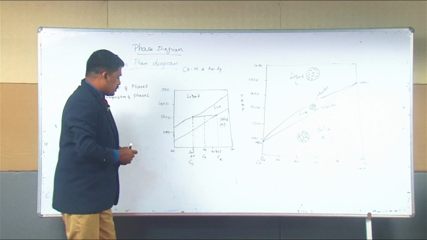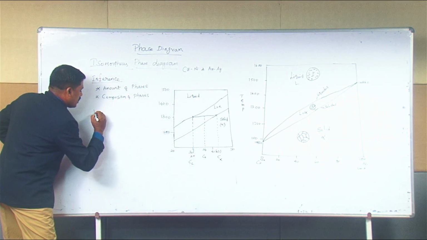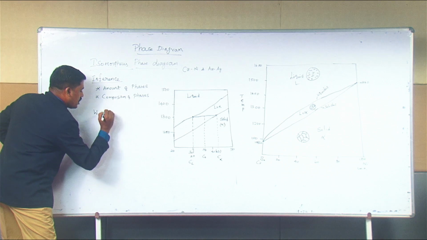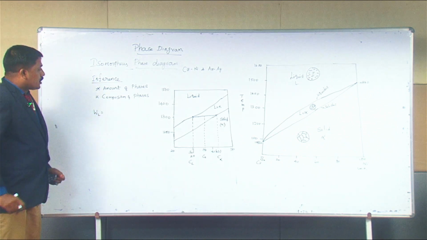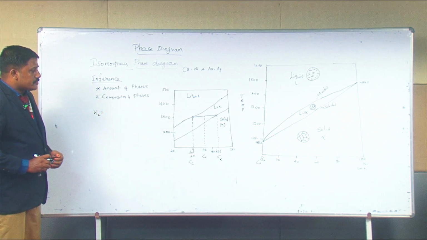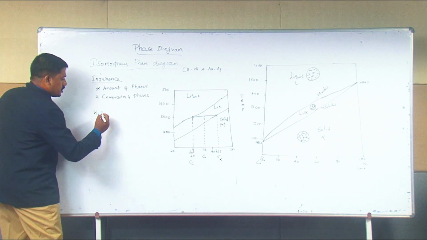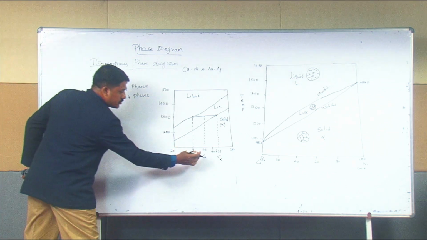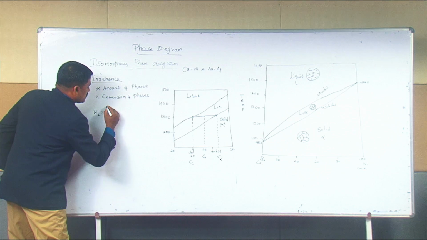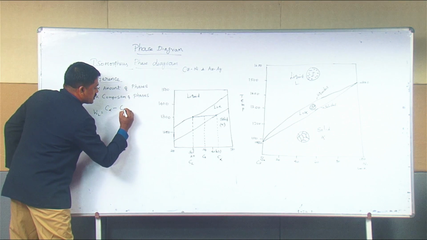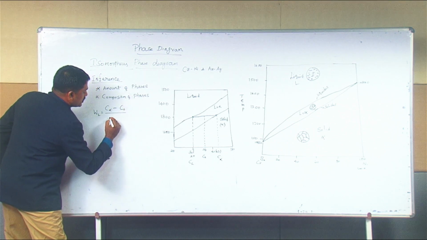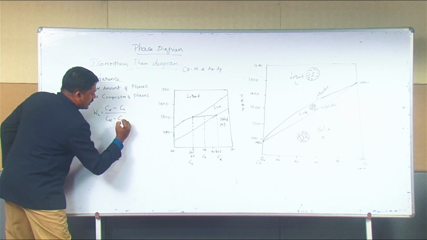Next, the amount of liquid present at a specific temperature is calculated by this formula: WL is equal to C alpha minus CO divided by C alpha minus CL.